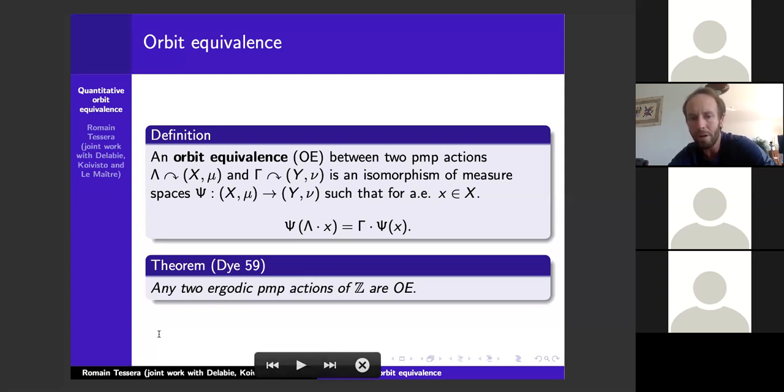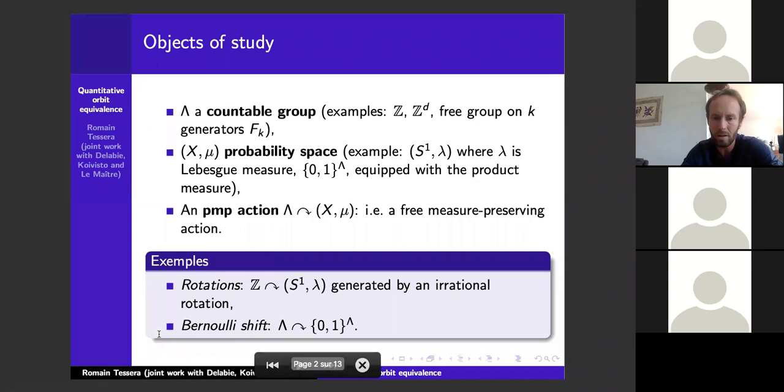And then comes a very surprising result by Dye from the late 50s, that if you take any two ergodic PNP actions of Z, then they are orbit equivalent. So for instance, I told you before that the rotation and the Bernoulli shift were not isomorphic, but they turn out to be orbit equivalent for the same group, if you take Z in both cases, okay?